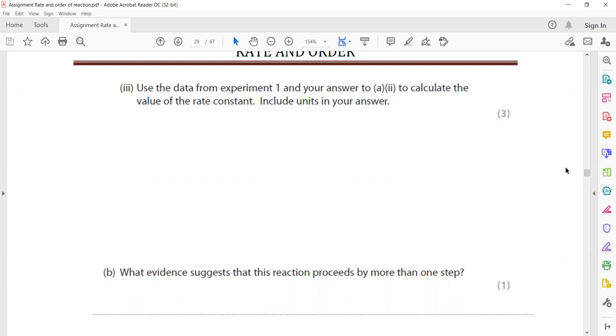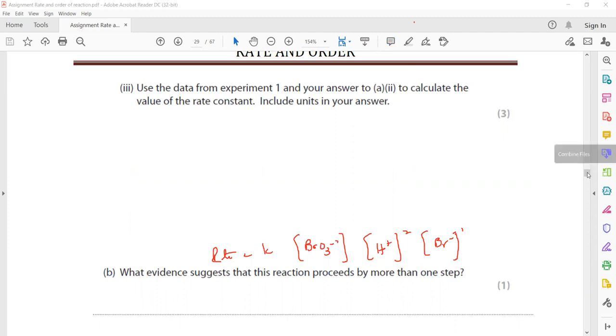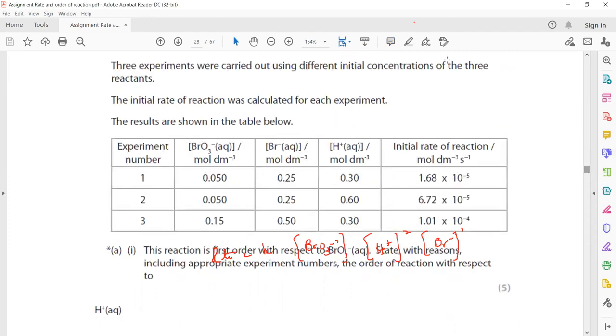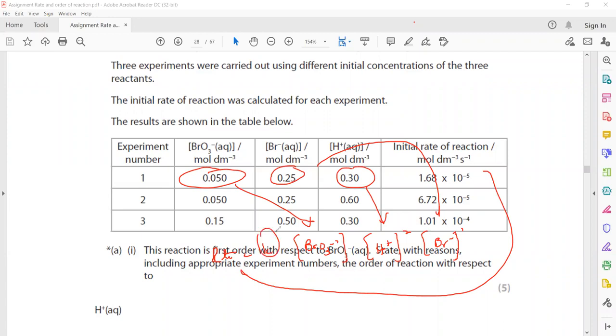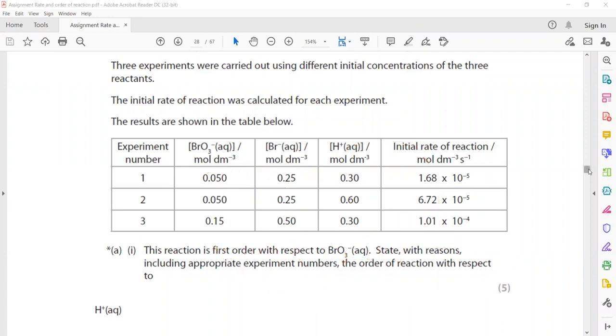We have this rate equation, we will substitute the values. For experiment 1, all the concentration values are given. We substitute in the formula and we'll get the value for k, and it should have an appropriate unit.